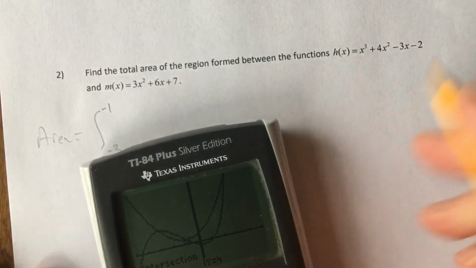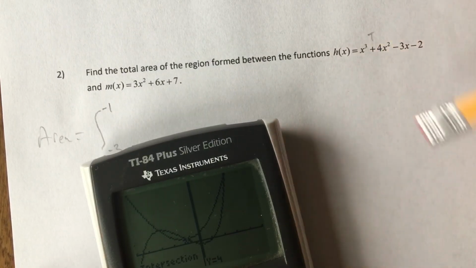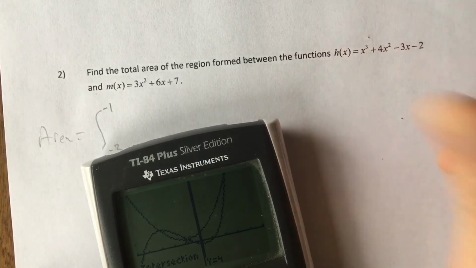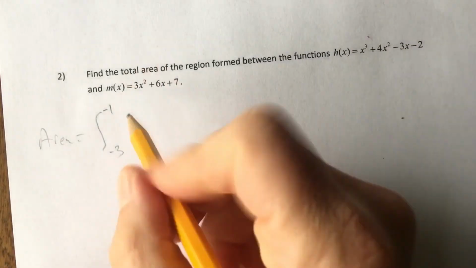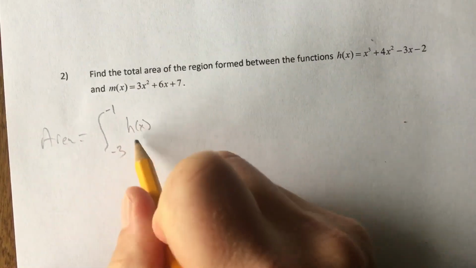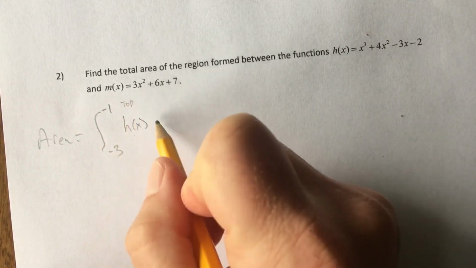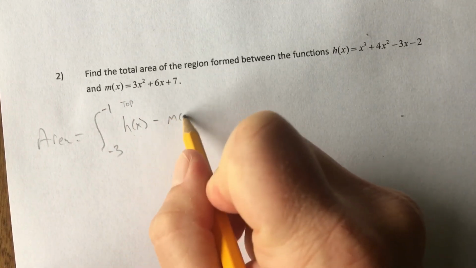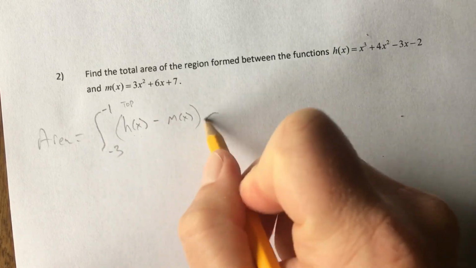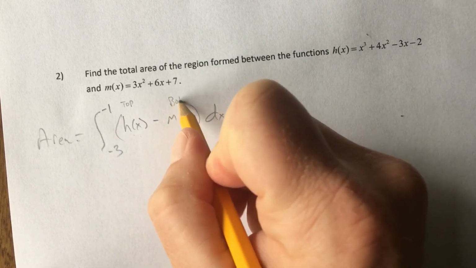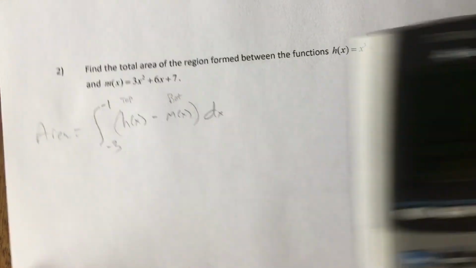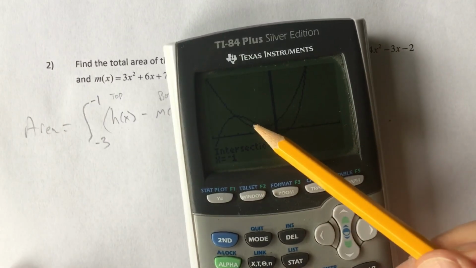So h of x will be the top. Actually, I don't want to write that here, because it's only the top for that part. So we'll put it in here: h of x, my top function in that interval, minus m of x, my bottom function in that interval. That gives us the area of this little section right in here.